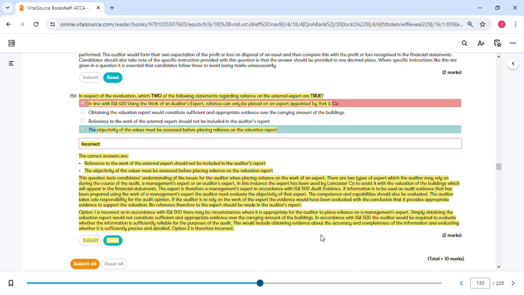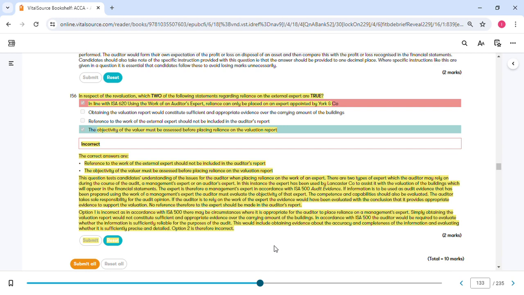In accordance with ISA 500, auditors would be required to evaluate whether the information is sufficient and reliable for the purpose of the audit. It is the auditor's responsibility. This would include obtaining evidence of accuracy and completeness of information, and evaluating whether it is sufficiently precise and detailed. All these things we have to take into consideration before the auditor says that it is appropriate or not appropriate.